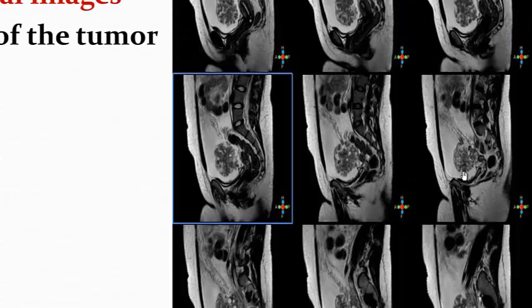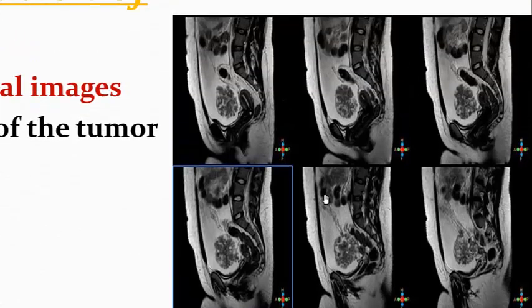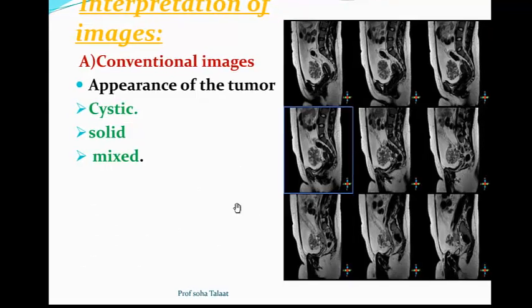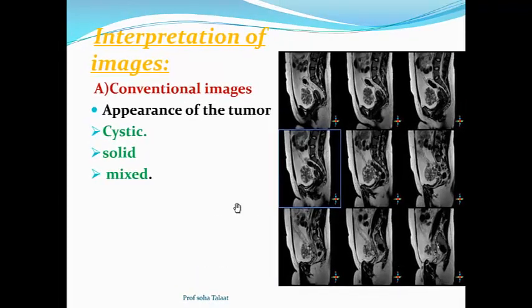It is predominantly solid, and there are secondary signs, there is ascites. So this is the first description of this lesion: predominantly solid, arising from the surface of the ovary.